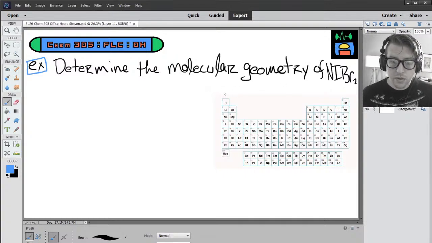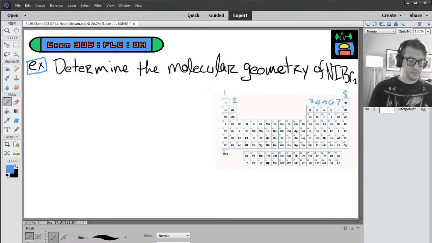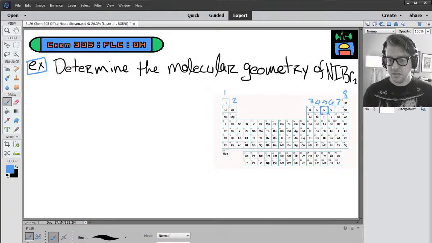So again, looking at the columns of the periodic table, we've got nitrogen, bromine, and iodine.